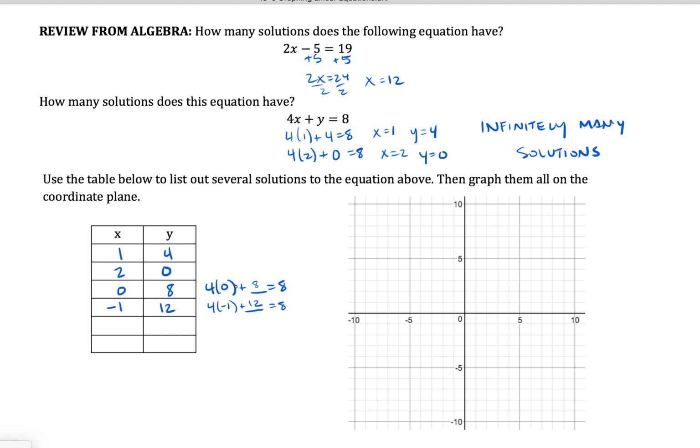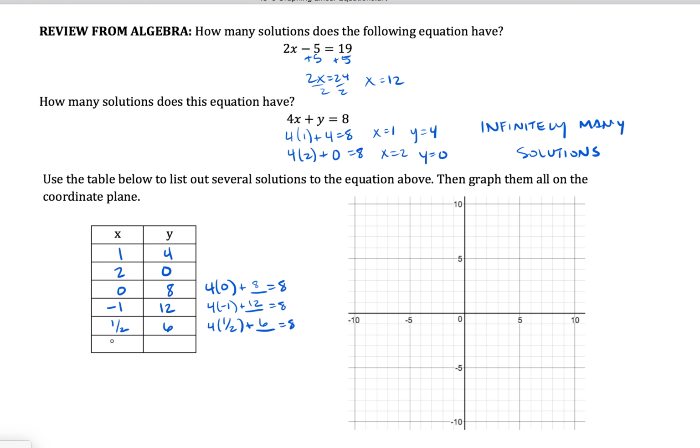Let's see, what else could I put in? What if I used a decimal or a fraction, right? What if I put a 1/2 in for my x? So 4 times 1/2 plus what would give me an 8? Well, 4 times 1/2, or half of 4, would be a 2. What do I add to 2 to get 8? That would be a 6, right? So I could have 1/2 comma 6.